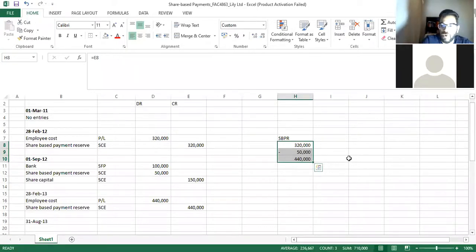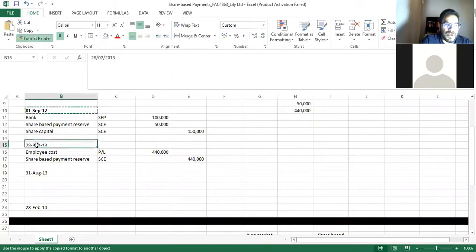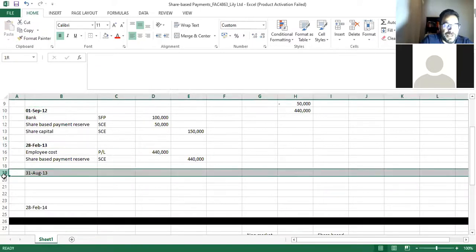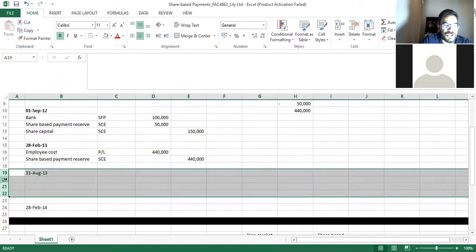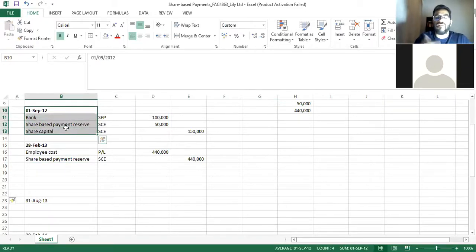Now remember, there are some more journal entries on 28 February 2013. What will you still account for that happened in the 2013 financial year? It is the actual cancellation. So far in the 2013 financial year, we recognize the exercise of the 5,000 options.